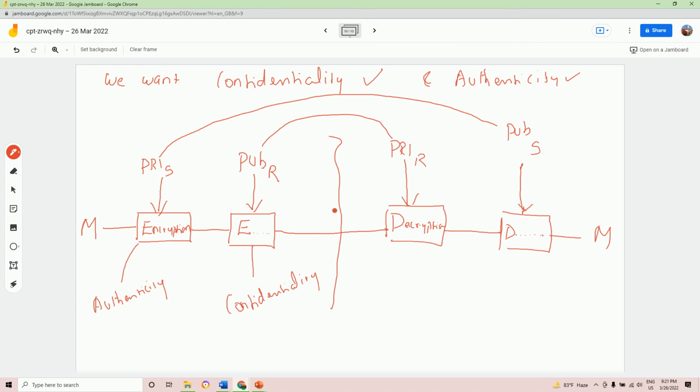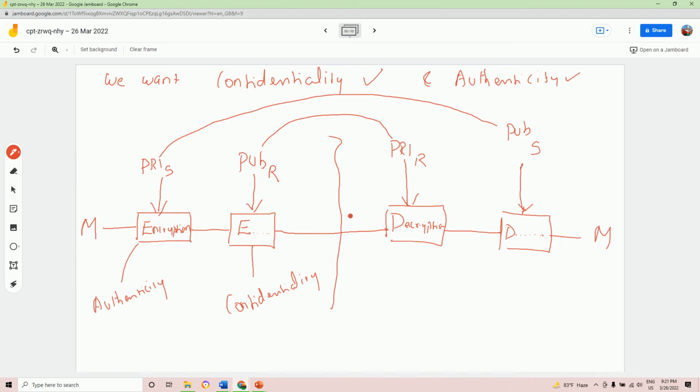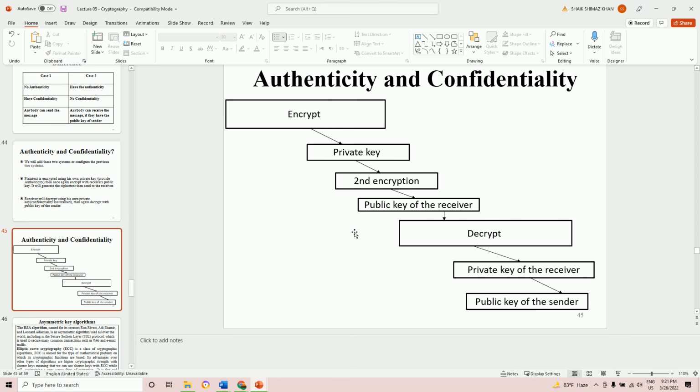So this is better than what is given in the slide. Clear? Yeah, even in the slide it's given clearly, but it's up to you. Whichever is convenient for you, you can follow.